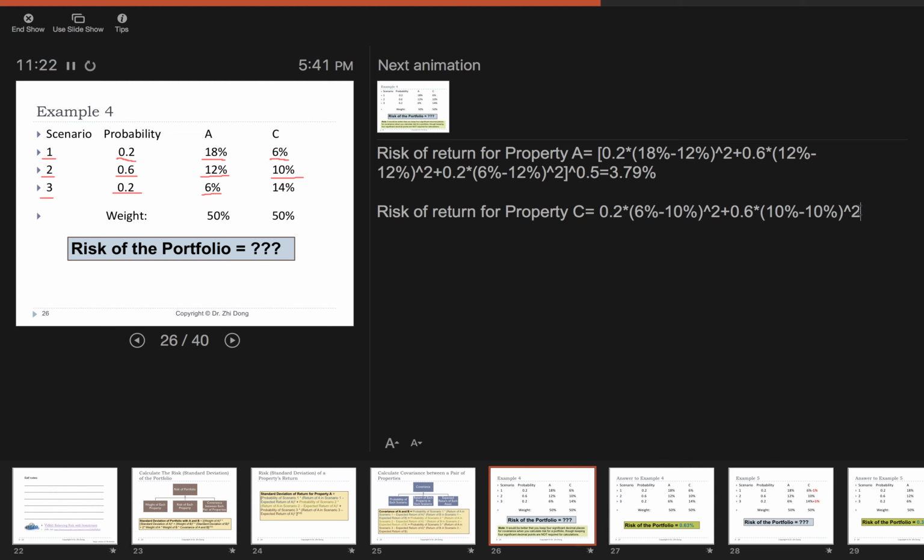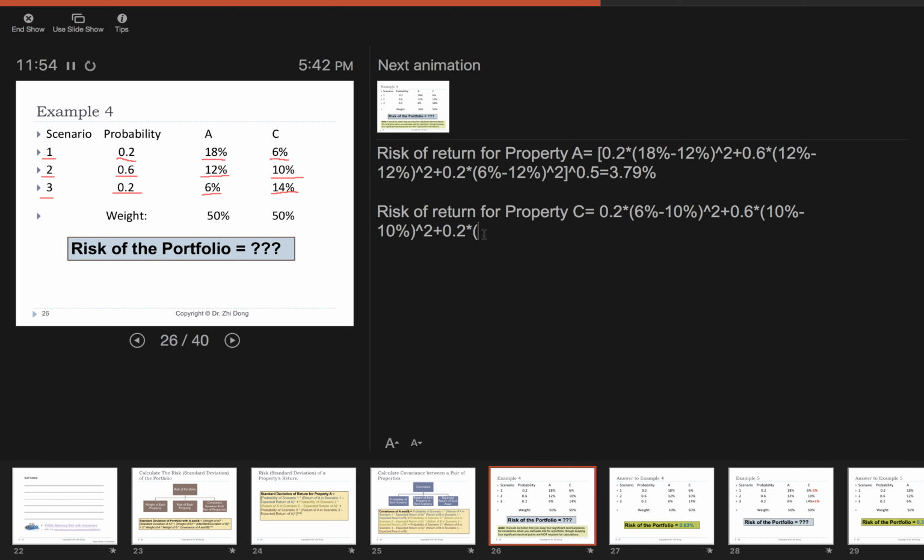And then the same, we will add the last market scenario information. So probability under the third market scenario, 0.2 times the deviation of property C's return under the third market scenario from its expected return. So property C could get 14% return if the third market scenario happened.